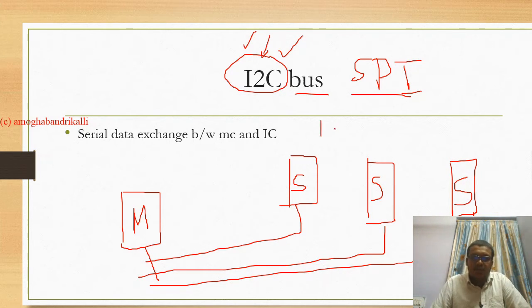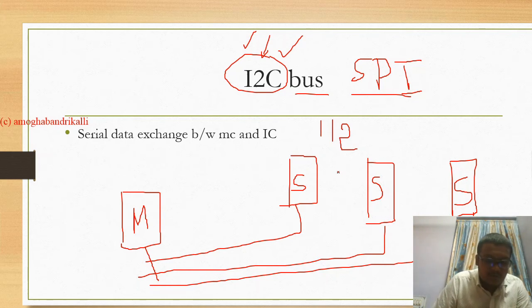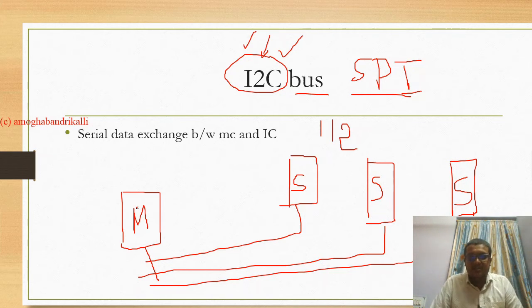Using I2C, you can control up to 112 different devices connected to the master. The master selects the slave based on the protocol, that is, based on the address.